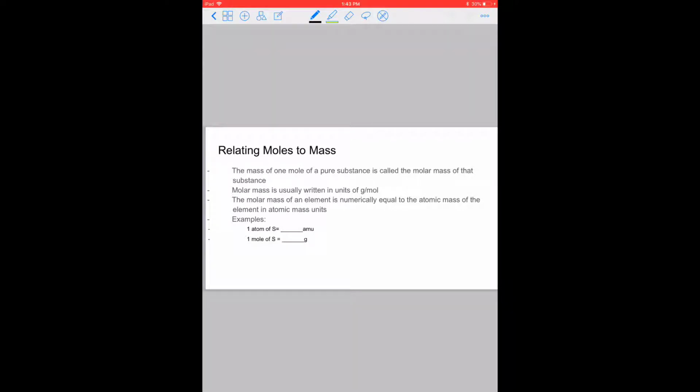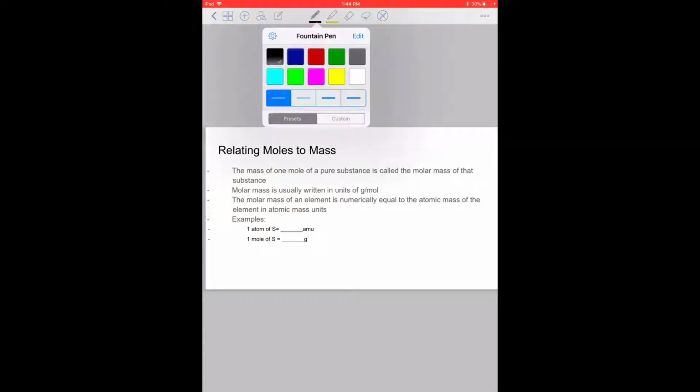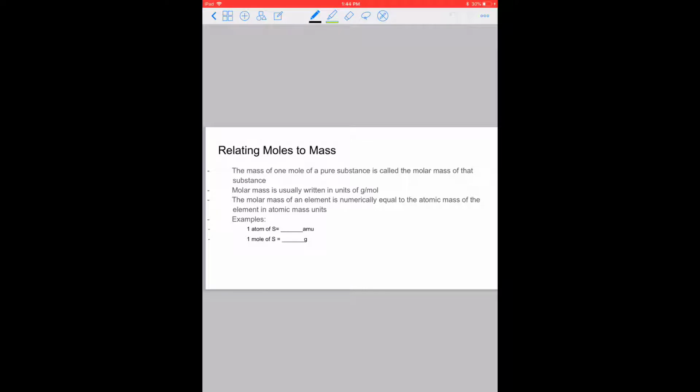So to find the mass, we need to look up on the periodic table, and we calculated the average atomic mass a couple videos ago, and we talked about that. So atomic mass units, that is how many grams you would get in 1 mole of a substance, or you can get that number from the periodic table. That's saying that the average atomic mass is the number we get for AMUs. So if we look at sulfur on the periodic table, and we look below the symbol there, we see a number with a decimal, and that's the calculated average atomic mass.